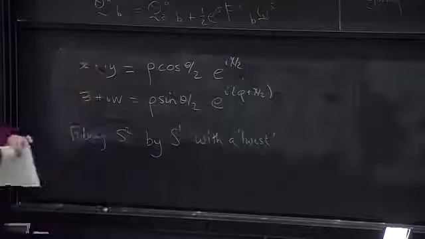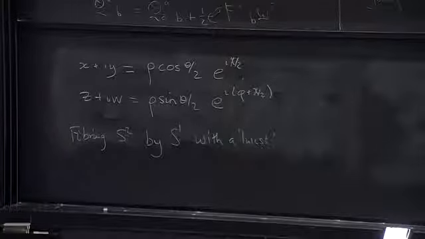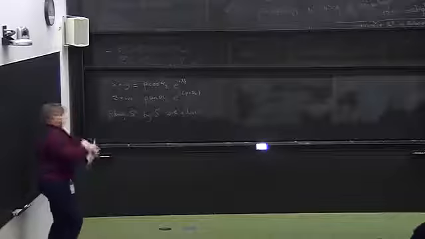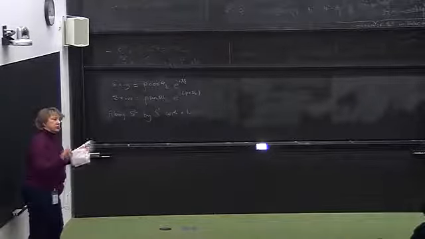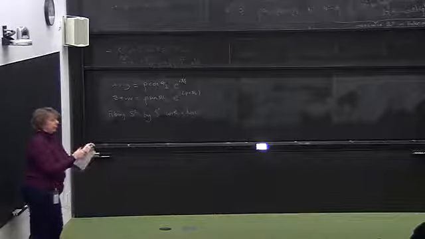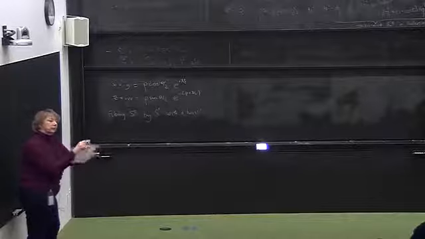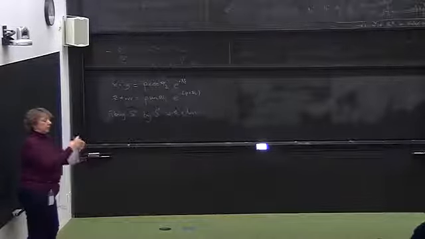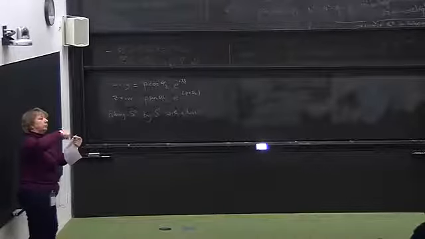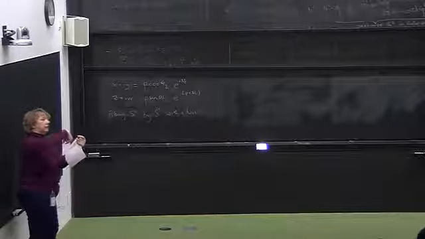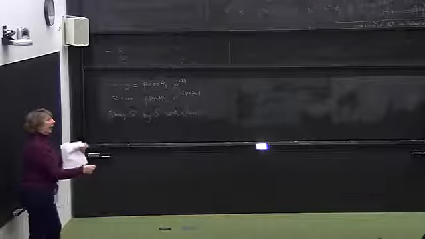So if you like, around the equator, imagine sewing on bits of chainmail to a sphere, and you do it on each half of the sphere. But then to stitch the two halves together, instead of just doing a simple stitching of ring to ring, you start off by stitching a ring to ring, then you move one step along, but as you move a little delta phi around the equator, you also twist the chainmail by delta phi and then stitch together.